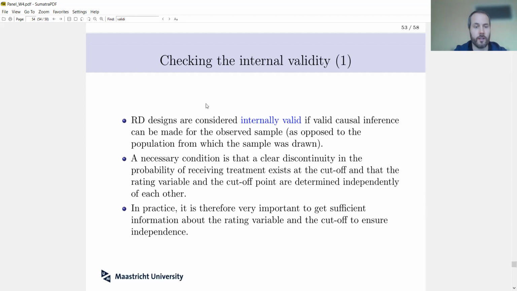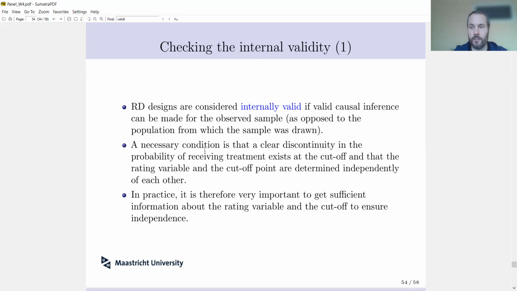Okay. We now look at graphs that people use to check the plausibility of the assumptions that are necessary for the causal interpretation. Of course, we need a discontinuity in the probability of receiving treatment at the cutoff.